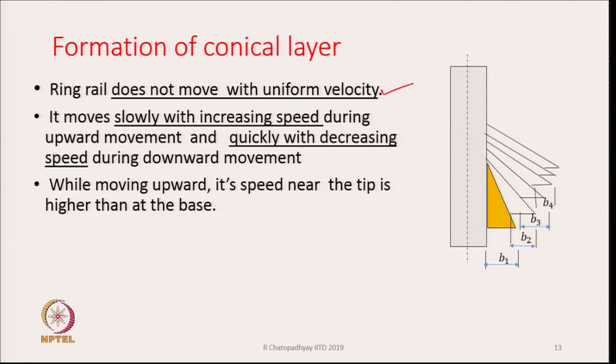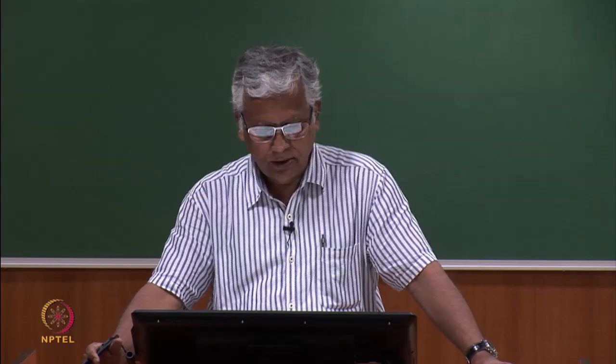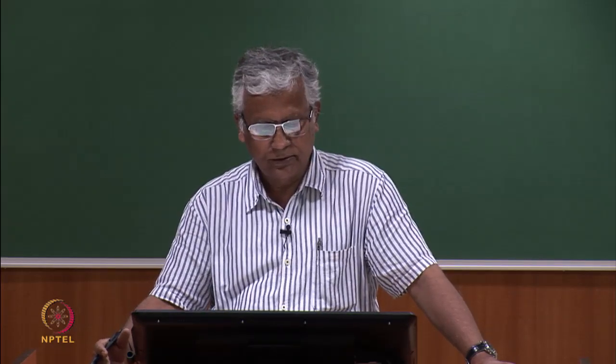So, that means there is an acceleration: while it is moving up, it is accelerating, and while it is moving down, the speed is going down faster, it is decelerating.